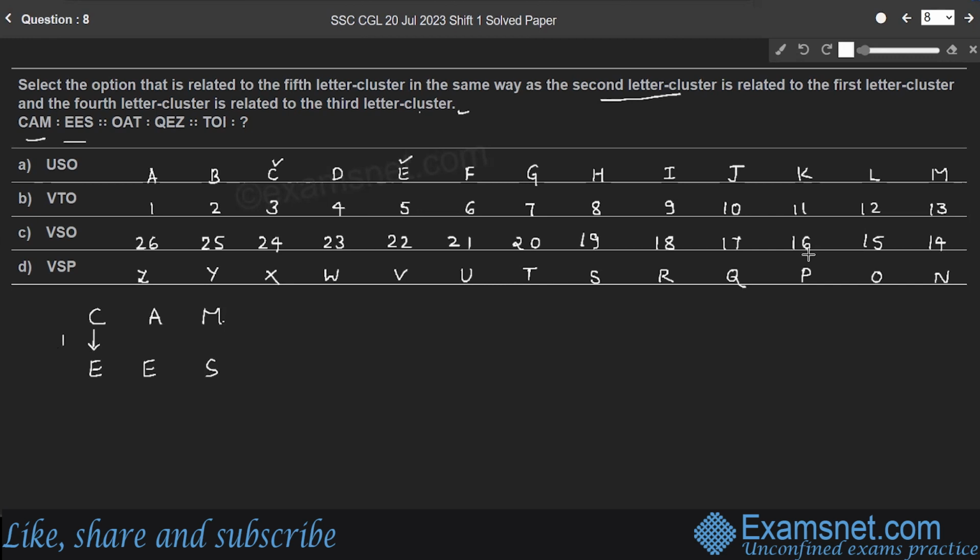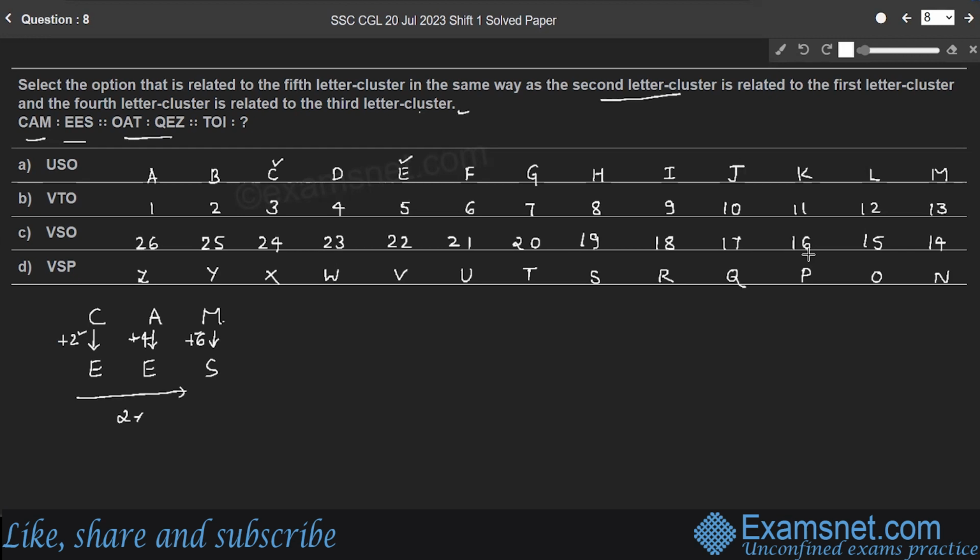Therefore, we can write C plus 2 as E. Whereas A is 1, E is 5, so A plus 4 is E. M is 13, S is 19. Therefore, M plus 6 is equal to S. So we have added 2, 4 and 6, consecutive multiples of 2: 2 into 1, 2 into 2, 2 into 3.